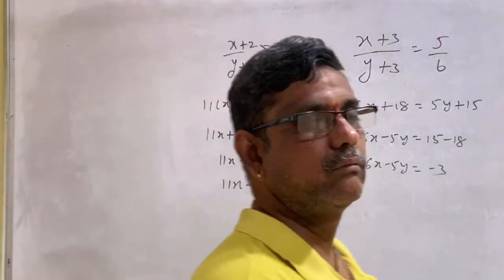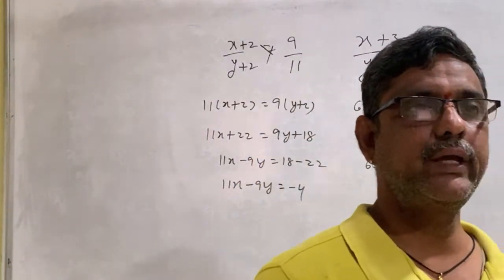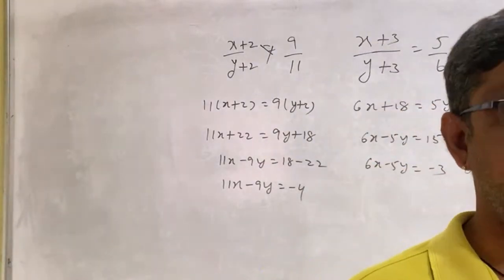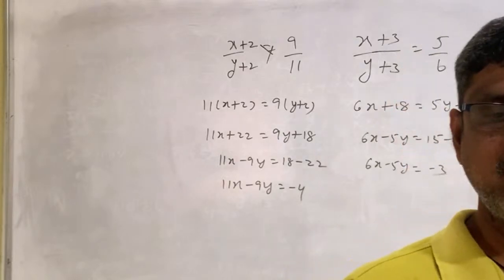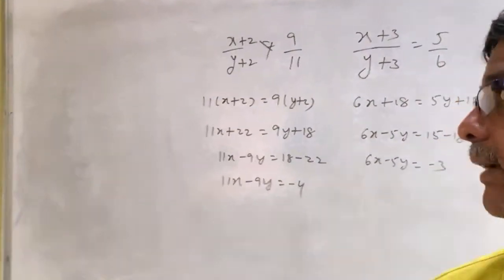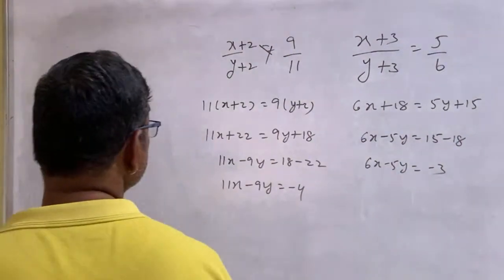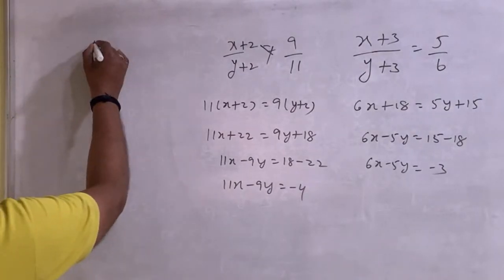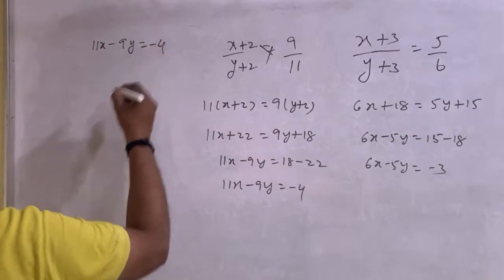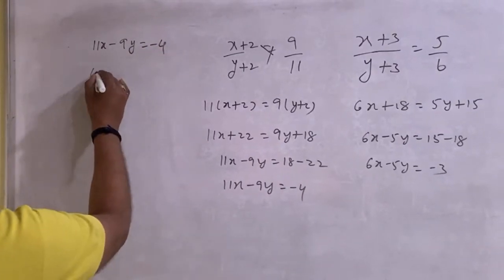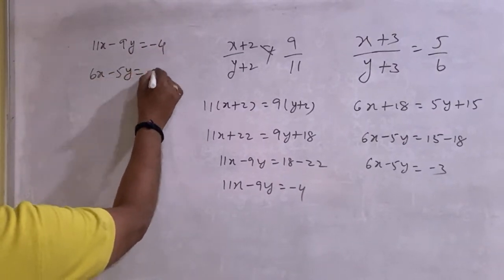And we need to solve these two equations by the substitution method and find the x and y values. I consider these equations: 11x minus 9y is equal to -4, 6x minus 5y is equal to -3.